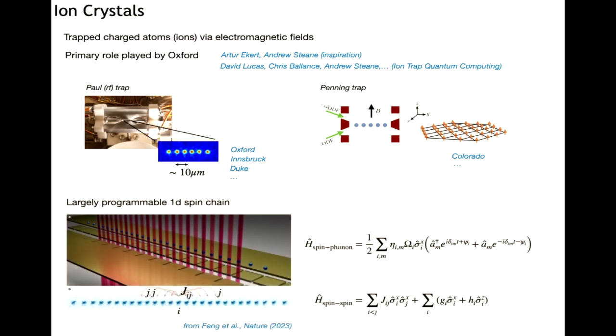And especially in this geometry given by the Paul trap, we end up with a one-dimensional crystal of ions that are trapped electromagnetically, right? We can use the internal levels of these ions to store quantum information, right? So these ions can be in two states, right?